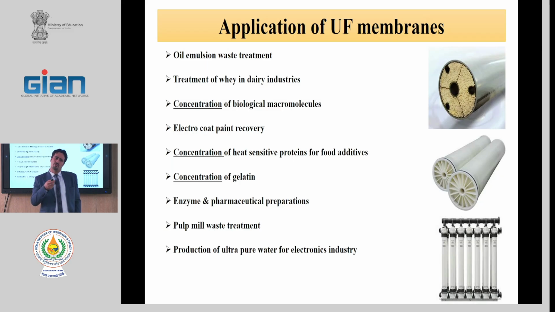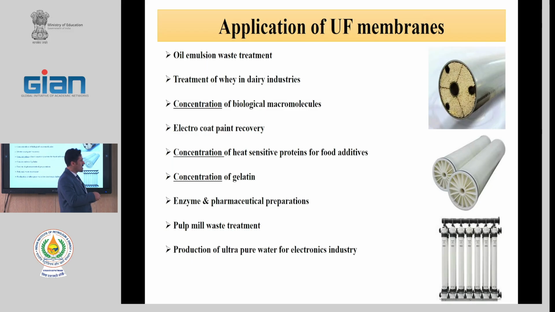You know that when proteins are heated, they are denatured, and the denaturation changes the properties of the protein. Therefore, in membrane separation, we do not need heat, and the proteins are safely separated.